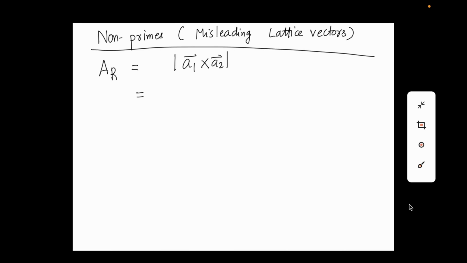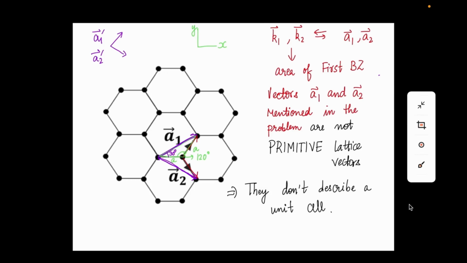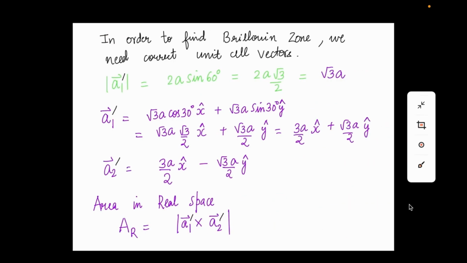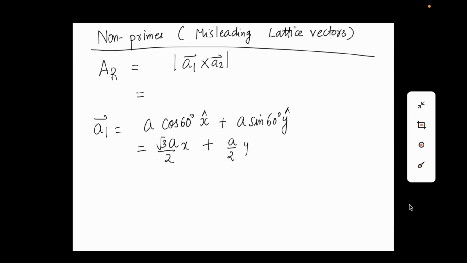So if you find these, what would A1 be? A1 would be a cos 60 x plus a sine 60 y, that is, root 3 a by 2 x plus a by 2 y. Similarly, A2 would have been root 3 a by 2 x minus a by 2 y.